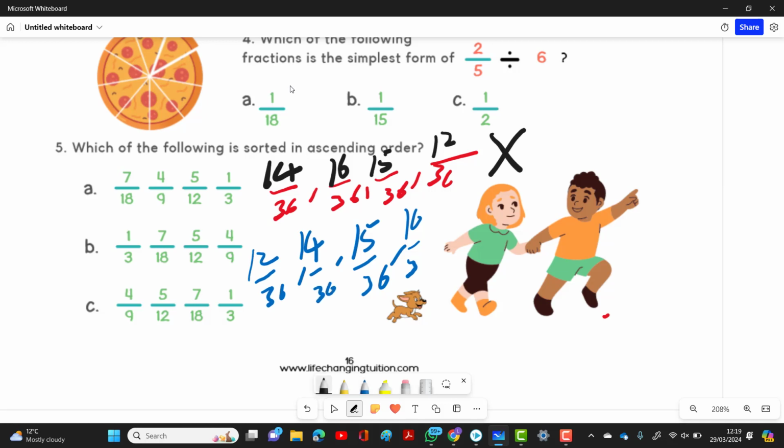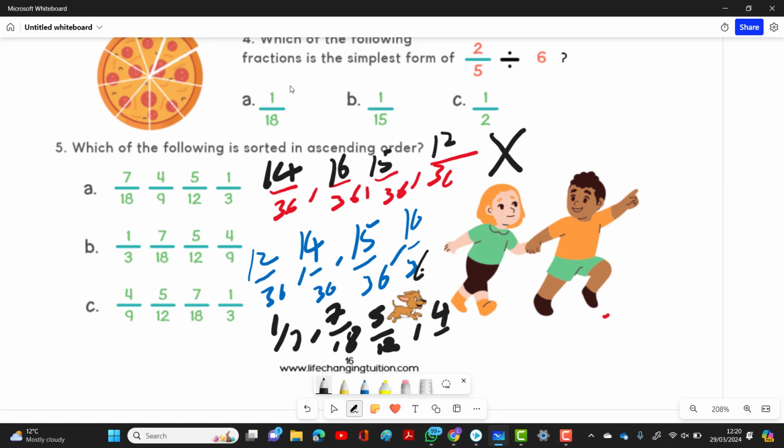And we'll just make sure: 12/36 is 1/3. And 14/36 is which one? 14/36 is the 7/18. And 15/36 was the 5/12. And 16/36, that's 4/9.